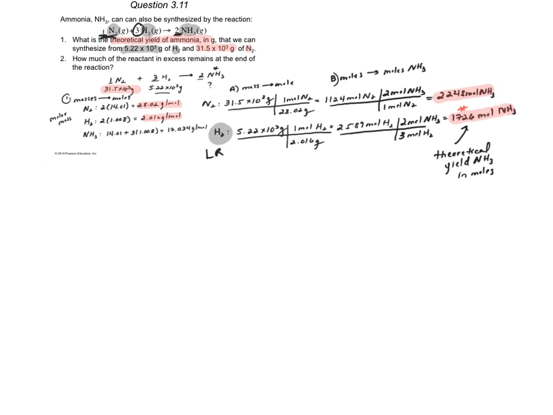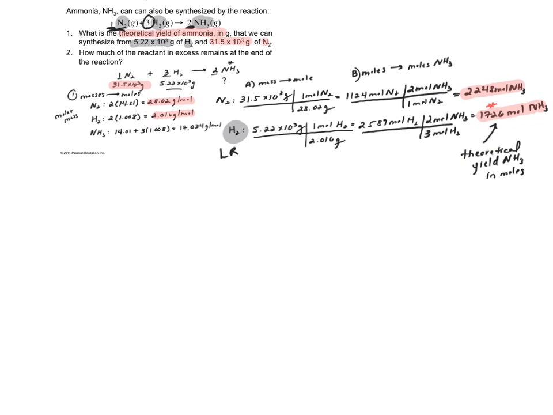So the last little bit of this, we're going to take this and convert to grams because that's what they want the answer in to part 1, okay? So I'm going to come back over here. I know this is getting kind of out of control. I'm going to take my 1726 moles of ammonia, and I'm going to utilize that molar mass that we've already calculated to convert to grams.